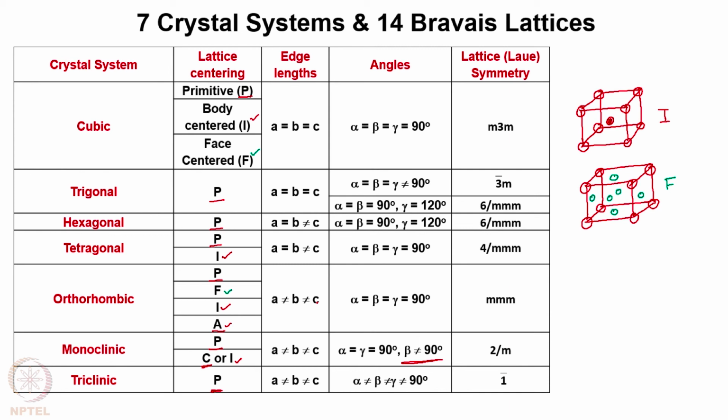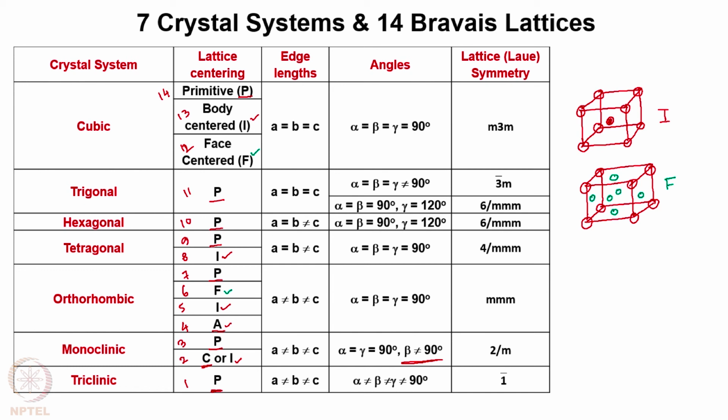So now if we try to count how many different lattices are possible in case of these 7 crystal systems, we have 1, 2, 3, 4, 5, 6, 7, 8, 9, 10, 11, 12, 13 and 14. So these are called the 14 Bravais lattices that are possible out of these 7 crystal systems.